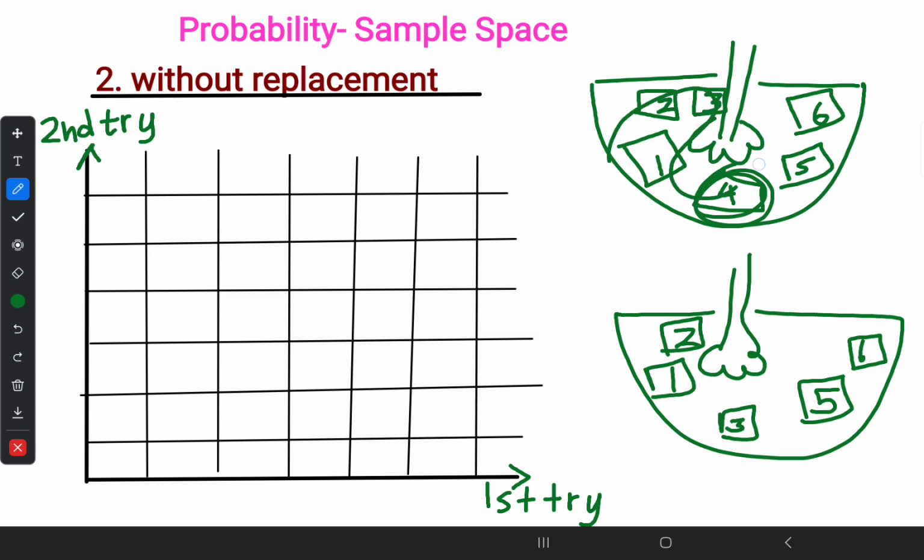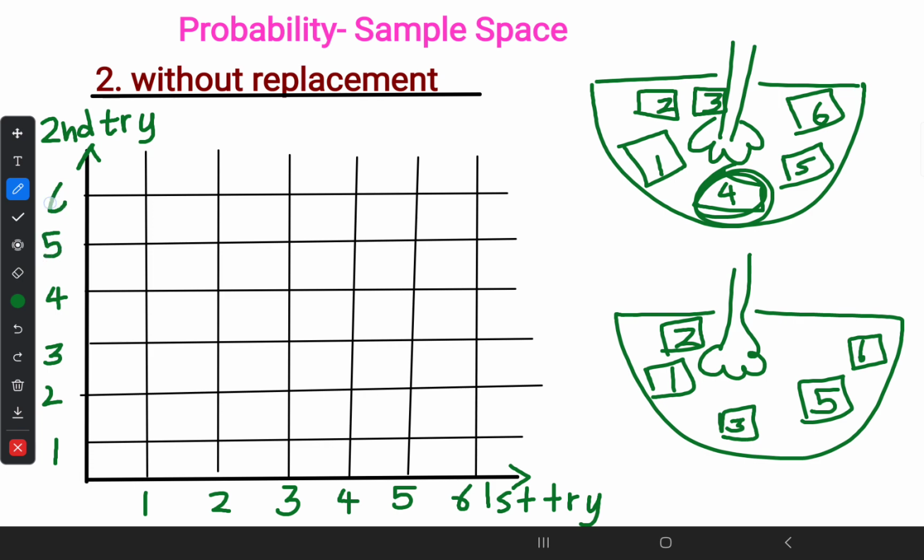From amongst these 6, we have selected only one, but we don't know which one. For an example only, I used number 4. So on the horizontal axis, you should mark the numbers 1, 2, 3, 4, 5, 6. On the vertical axis also 1, 2, 3, 4, 5, 6.